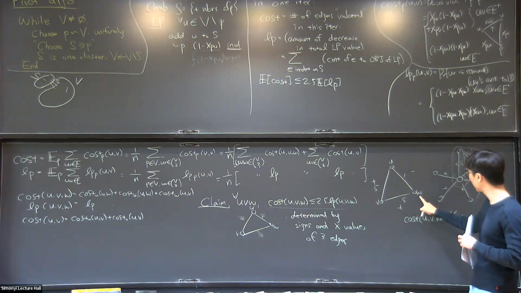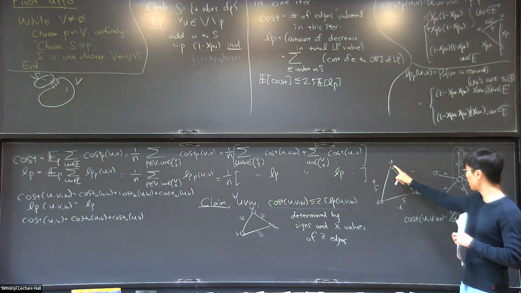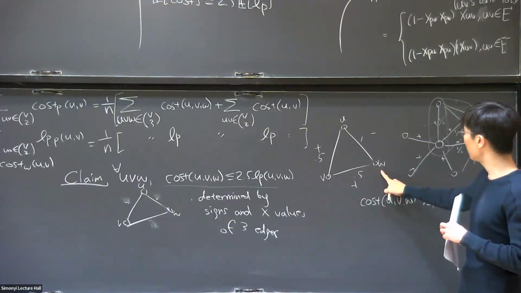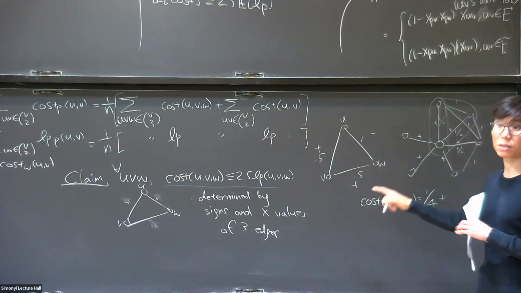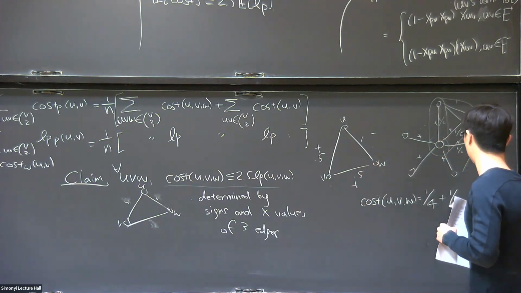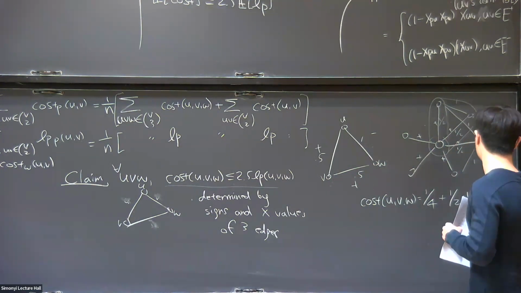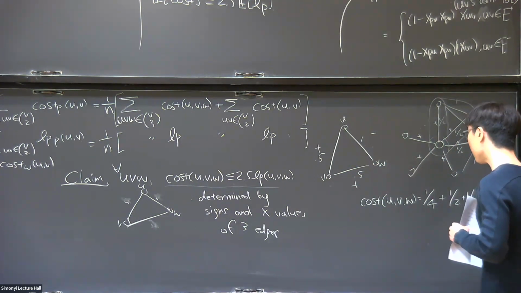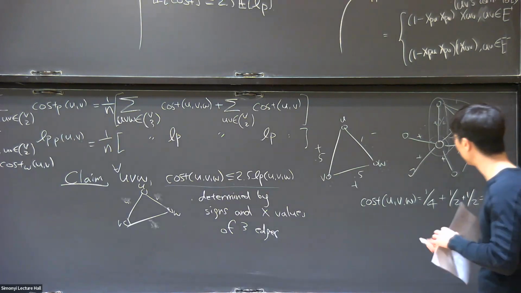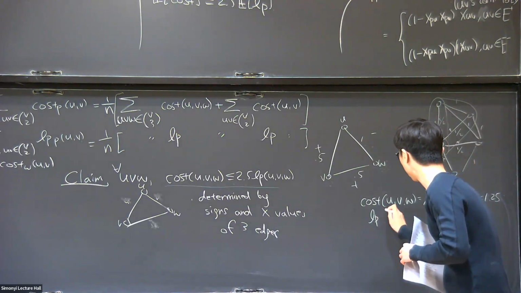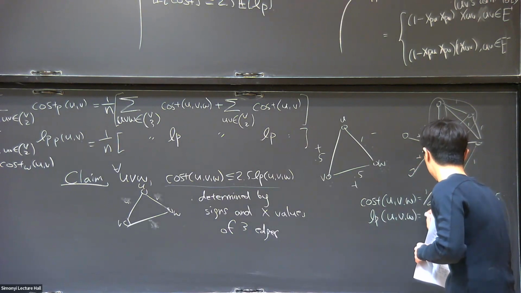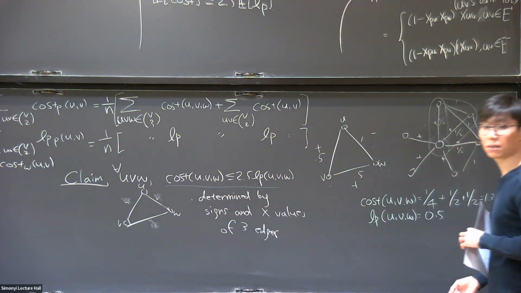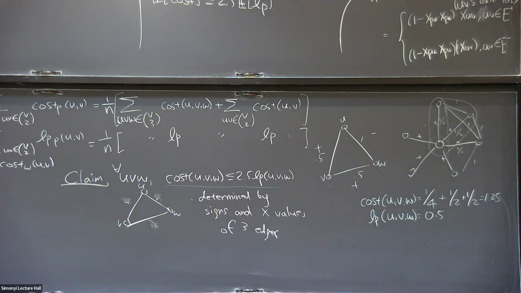If W is the pivot, then U will be outside of W, and then it all depends on whether V goes with W or not. So that's going to be half. It's 1.25. Then the LP, I'm not going to bore you with the calculation, but one can check that this is the half. That's where the gap of 2.5 comes from.